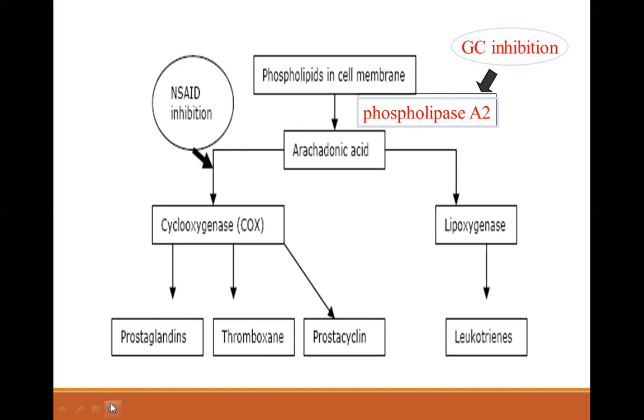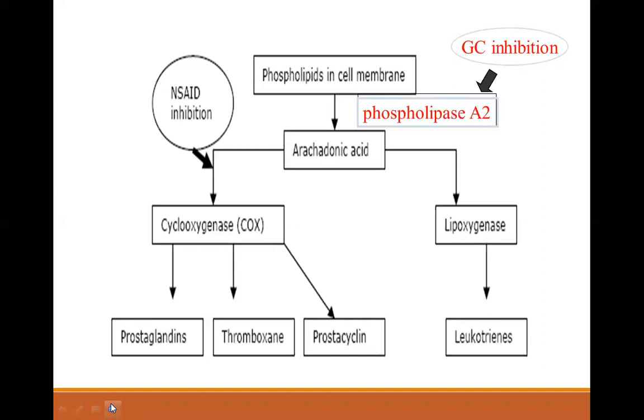In our cell membrane we have phospholipids, which are converted into arachidonic acid by phospholipase. Arachidonic acid then goes two ways: cyclooxygenase, or COX, and lipoxygenase. Lipoxygenase produces leukotrienes, causing some allergy reactions.